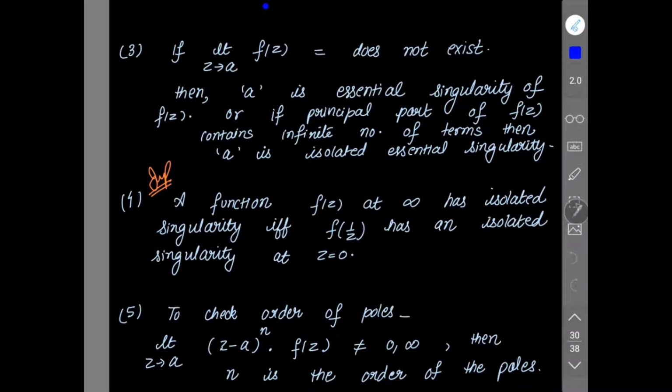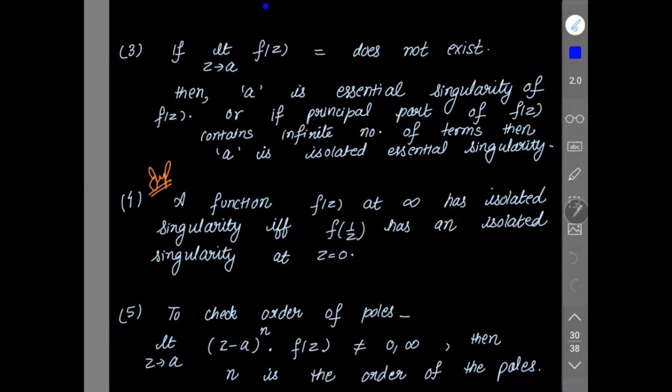Fourth one is, a function f(z) at infinity has an isolated singularity if and only if f(1/z) has an isolated singularity at z equal to 0. That means, if your function has an isolated singularity at infinity, then if you take 1 over z instead of z, it must have an isolated singularity at z equal to 0.